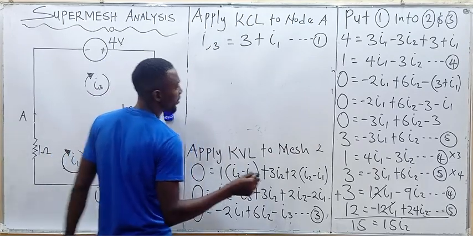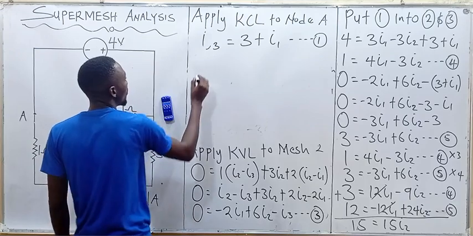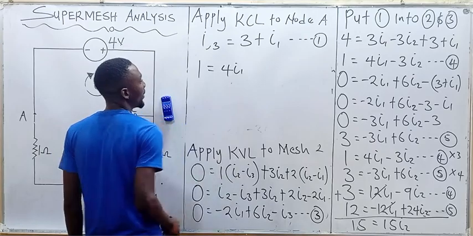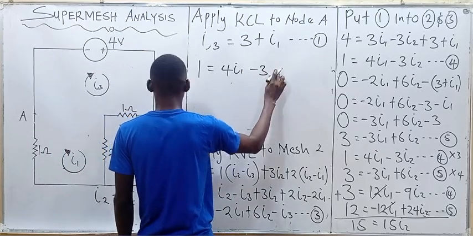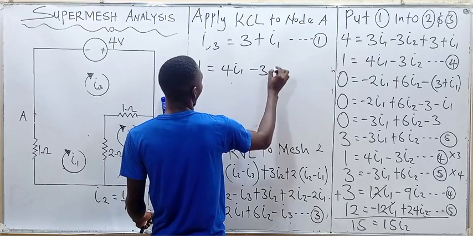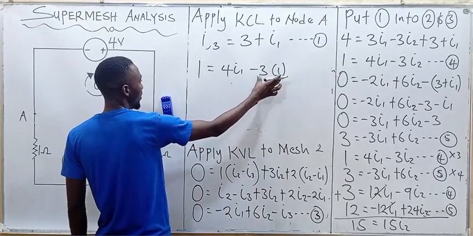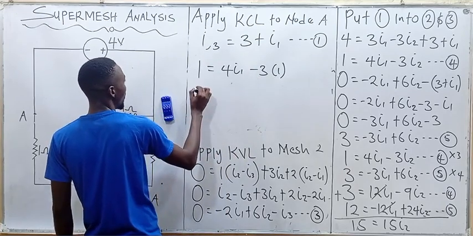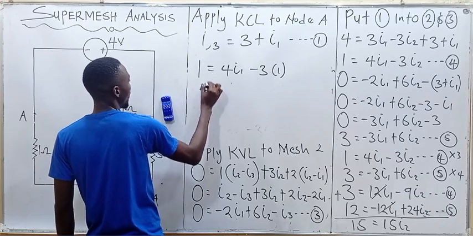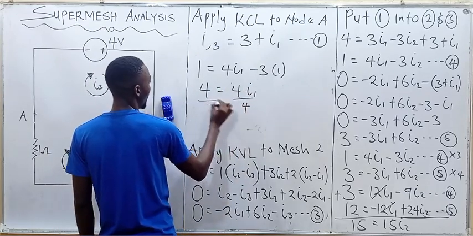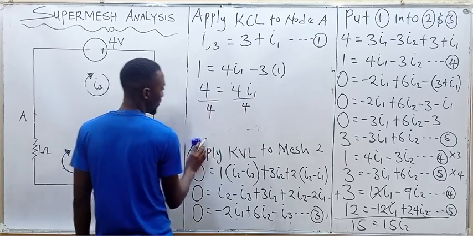From equation 4, 1 equals 4I1 minus 3I2. I2 is 1, so 3 times 1 is 3. We move minus 3 to this side, it's going to be 1 plus 3, which is 4, equals 4I1. So we divide both sides by 4.